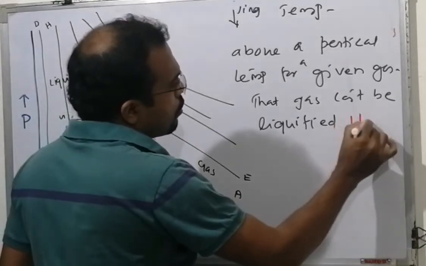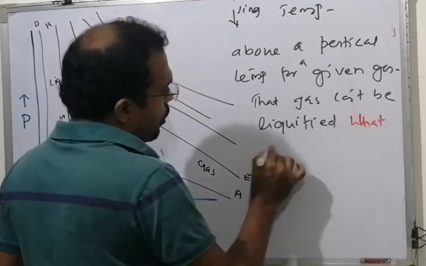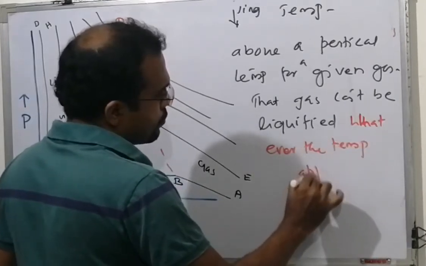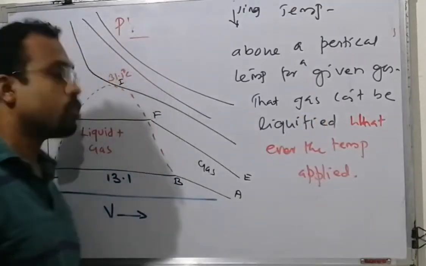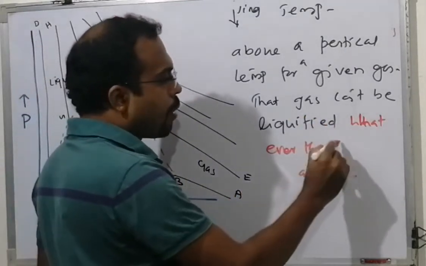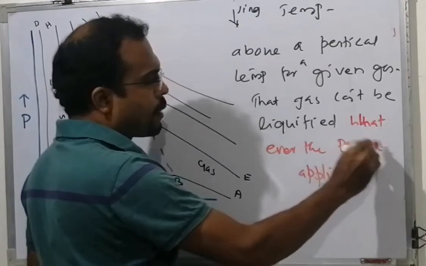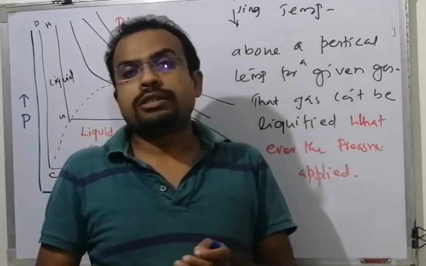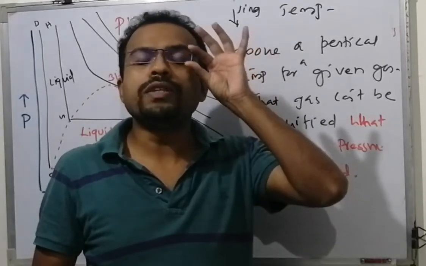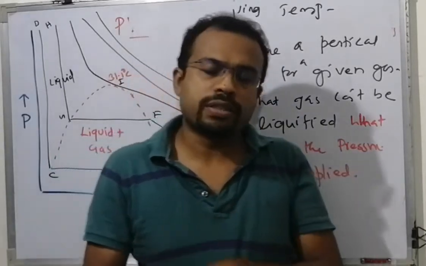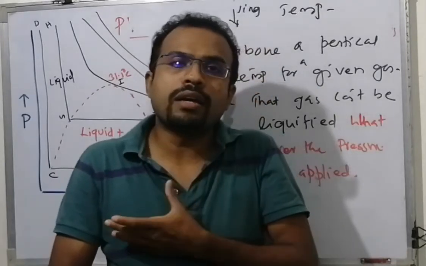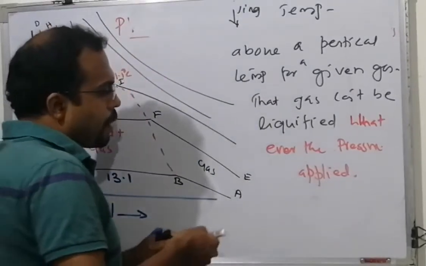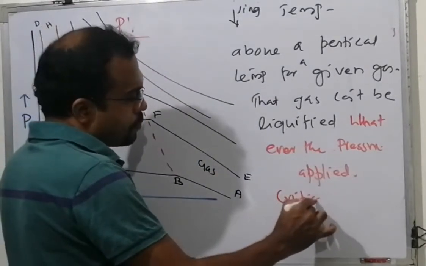Whatever the temperature applied, whatever the pressure applied. Therefore, there is a limiting temperature for any gas above which that gas cannot be liquefied, or above which that gas will be always gas. That temperature is called critical temperature.